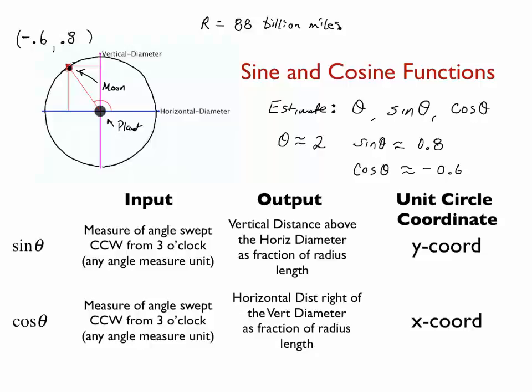So I want to know how many billion miles the moon is above the horizontal diameter and to the right of the vertical diameter. No calculator. If you need to write an expression, that's fine. What would the coordinates be in billions of miles?